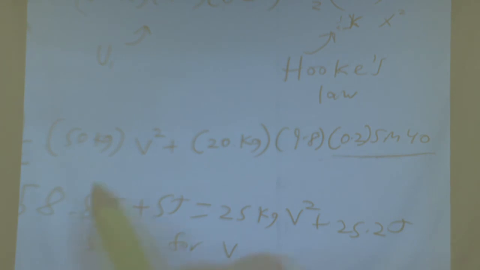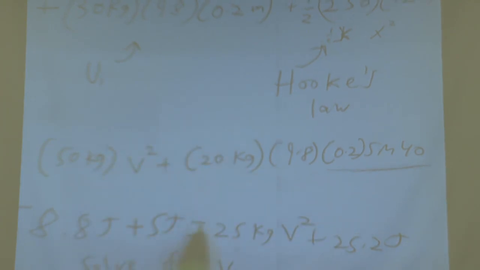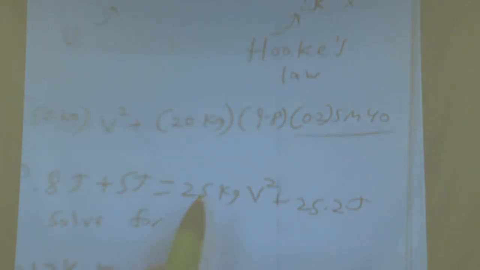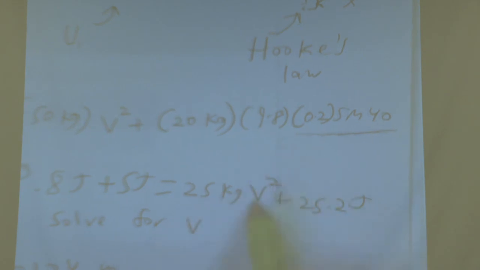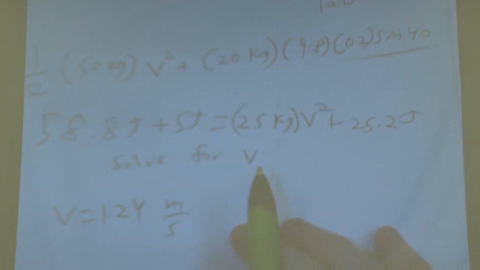We got 58.5, and we got 5, okay? And then we got 25 kilograms times velocity squared. We still don't know what that is. Plus 25.2 joules. And then we just solve for V.